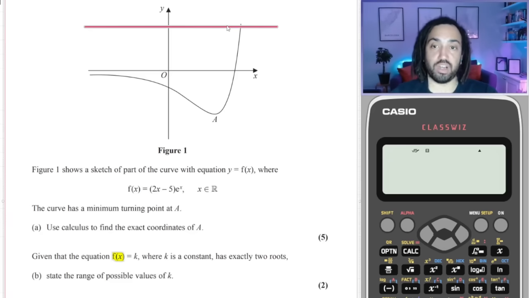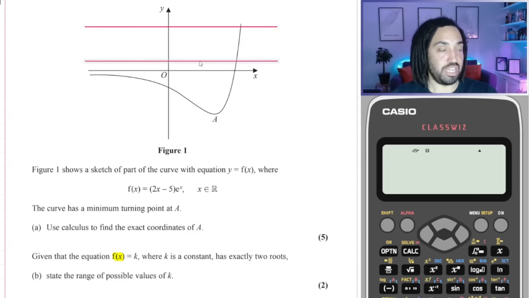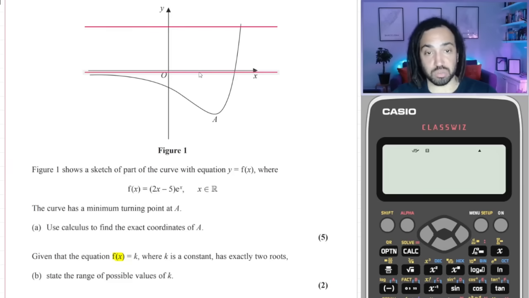Okay, so we need to find what value of k will make them cross twice. So let me just pick this up, and then let's imagine moving it, so changing the k value. And you can see here that they're actually still only crossing once. But when we get to here, this is where they're going to start crossing twice.